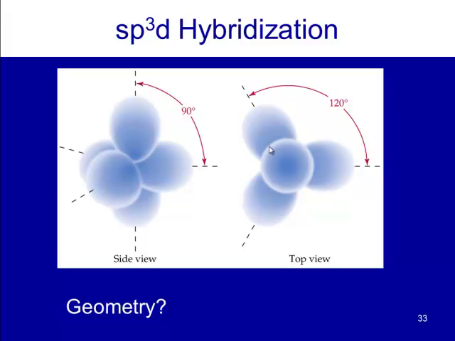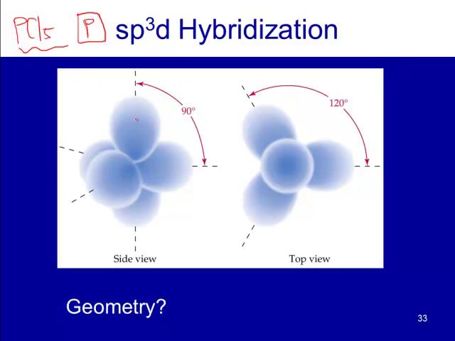So for molecules like PCl5, now you start looking at, wait a second. Now the P has to provide connections more than 4. How are we going to accomplish that?